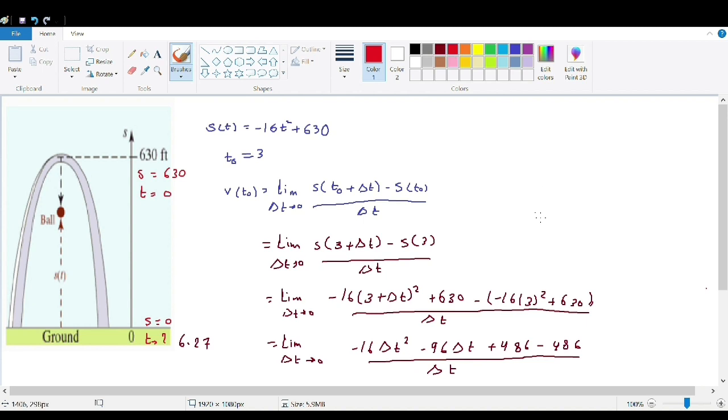And we see here we can cancel 486 with minus 486, and from here we can take delta t as a common factor.